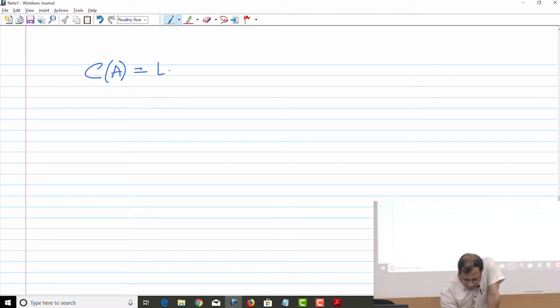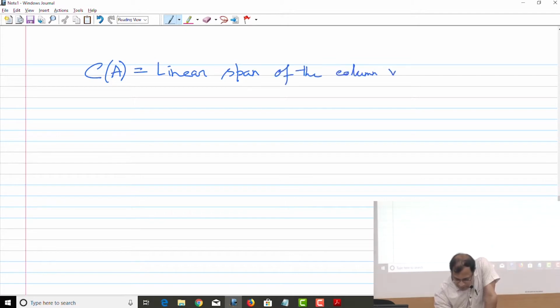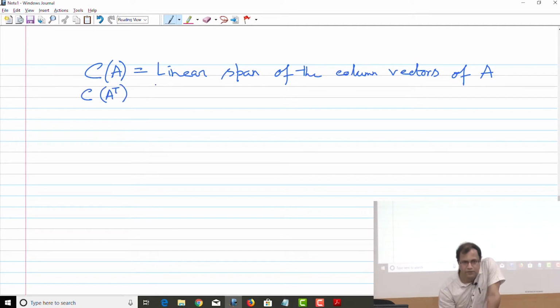CA is the linear span of the column vectors of A, and CA transpose is the linear span of the row vectors of A. You are familiar with the transpose operation in the matrix, right?